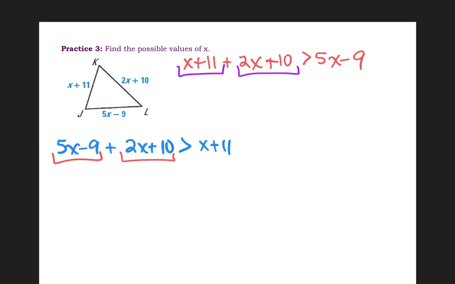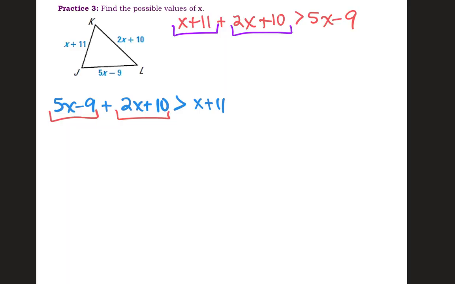So then what would be the last setup I can do? You can take the last two pieces. What are the two equations on the right side? We have the 5x minus 9 plus x plus 11 must be greater than 2x plus 10.